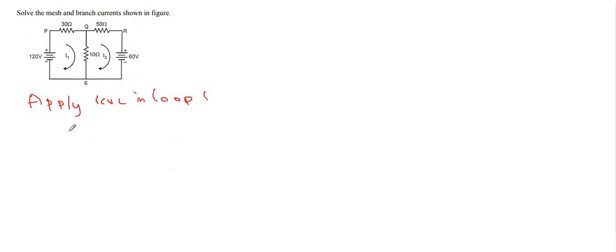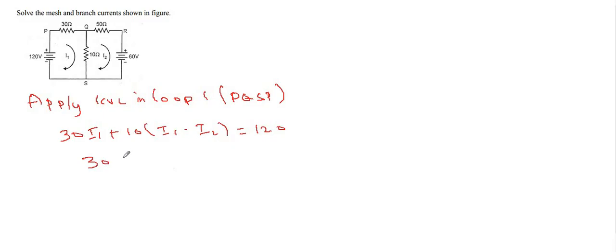So here in this first loop, that is P, Q, S and P, the current enters the 30 ohm and then the 10 ohm resistor, and the current directions are both given in clockwise direction. So here it is 30 into I1 plus 10 into (I1 minus I2) is equal to 120 volt.